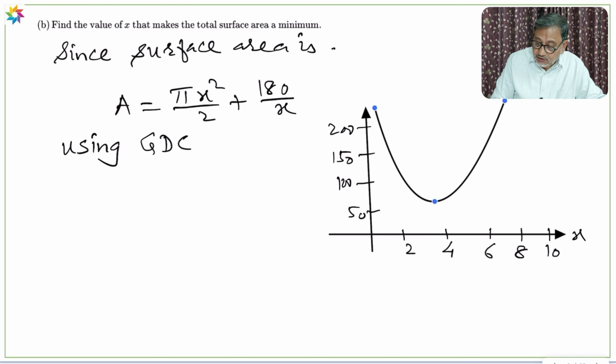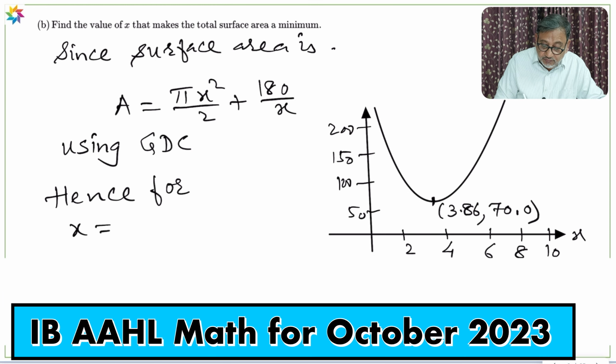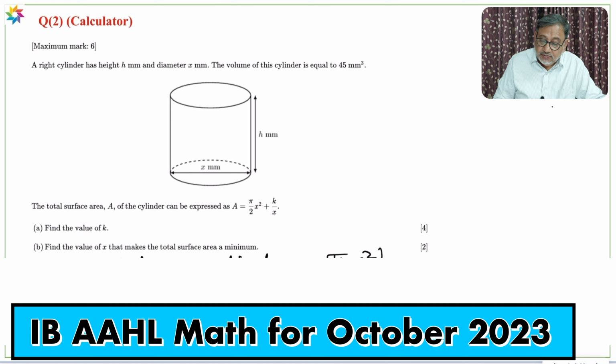So this is my minimum point, right? Okay, the coordinates are 3.86 and y coordinate is 70.0. Okay, so therefore find the value of x. So hence for x is equal to 3.86, okay, millimeter, because the units are given in millimeter.